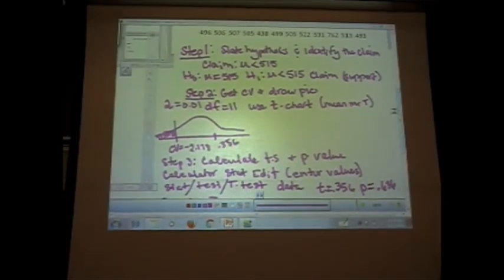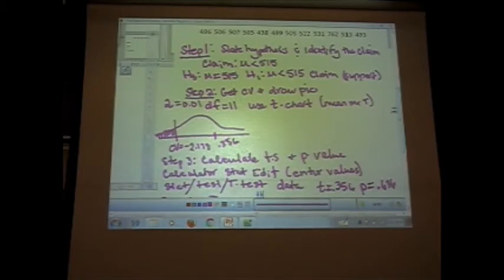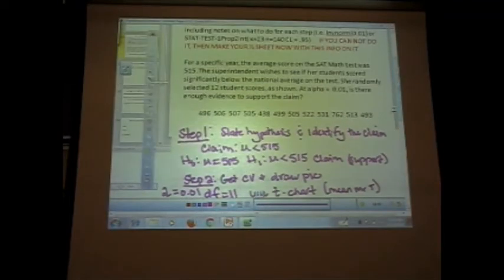Wyatt, go. Okay, so step one, I read the problem and I decided that step one is to state the hypothesis and identify the claim. And the claim is that the teacher is trying to figure out if the scores of her class are different than the national average.